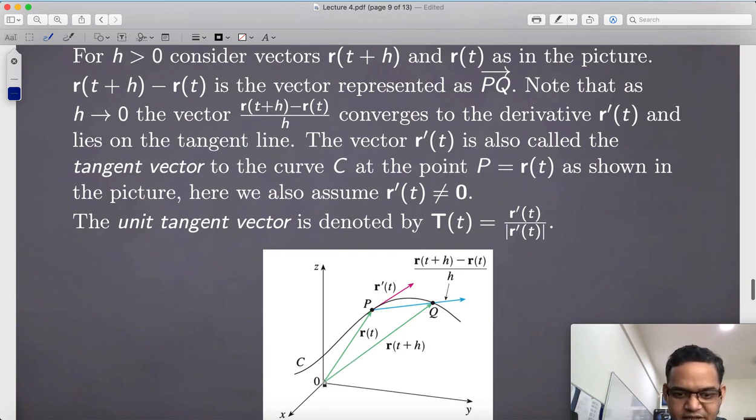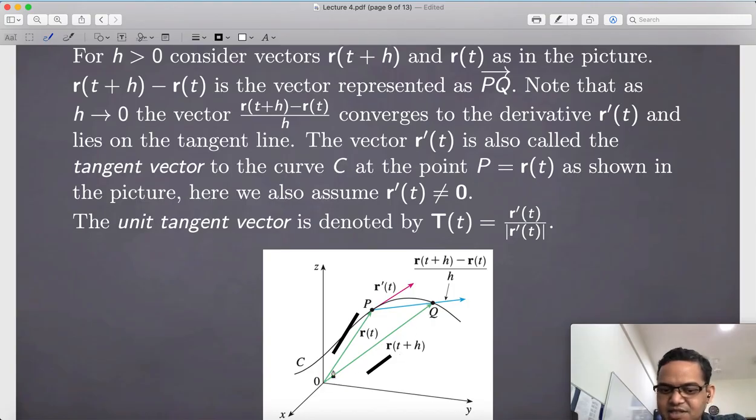You take the vector function, the position vector r of t, and then you take a small h. You see that t is over here, and h I am taking on the right hand side, so let us say h is positive. So t plus h, and then I evaluate the vector valued function at t plus h, and I get a vector.